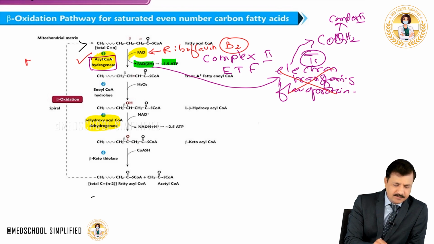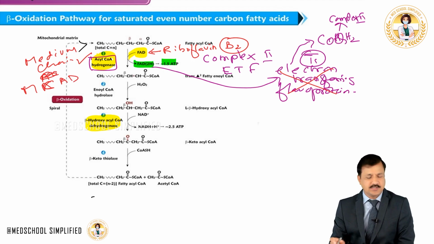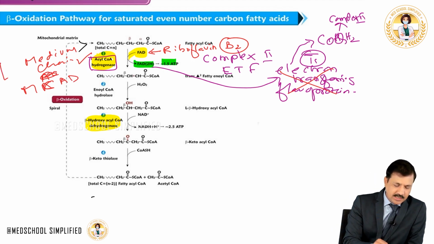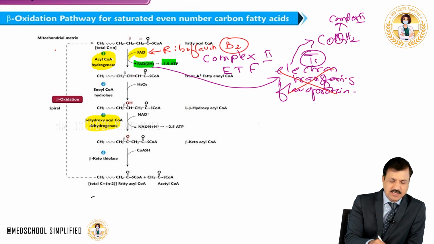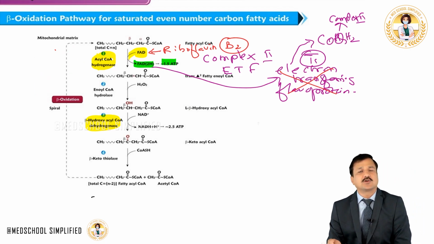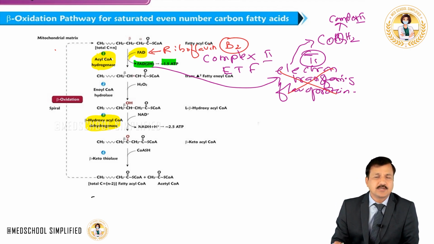Example, medium chain acyl-CoA dehydrogenase, written as MCAD. So medium chain acyl-CoA dehydrogenase can be deficient, or long chain acyl-CoA dehydrogenase can be deficient. So a deficiency of acyl-CoA dehydrogenase can occur, and that can lead to a defect in the beta oxidation process.